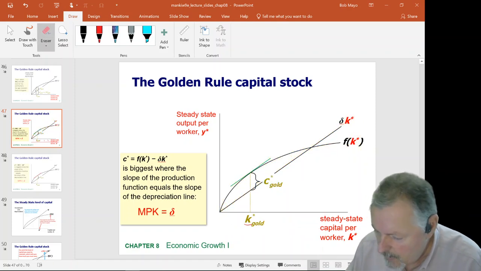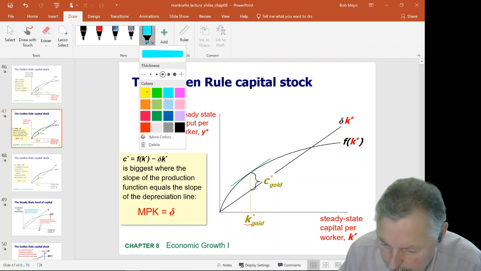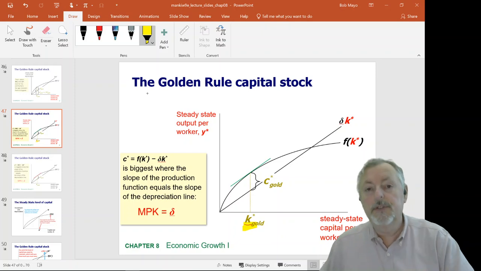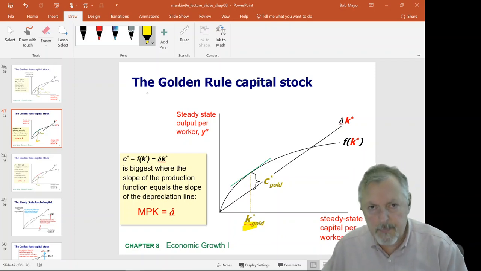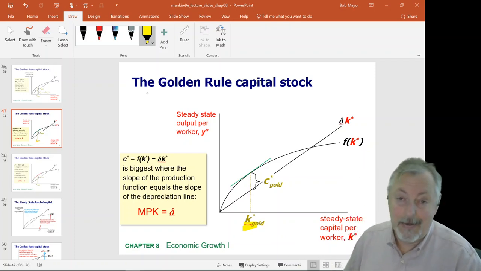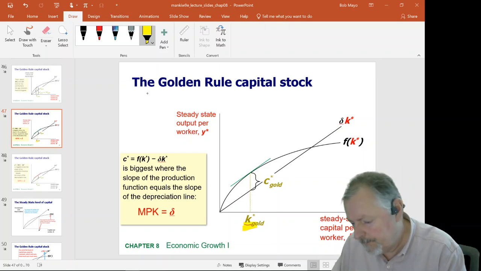This is called the golden rule steady state, or the golden rule level of capital per worker. Why it's called that, I don't know. But it's the one with maximum consumption.